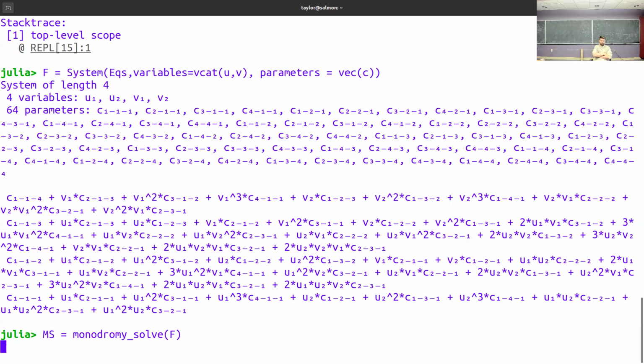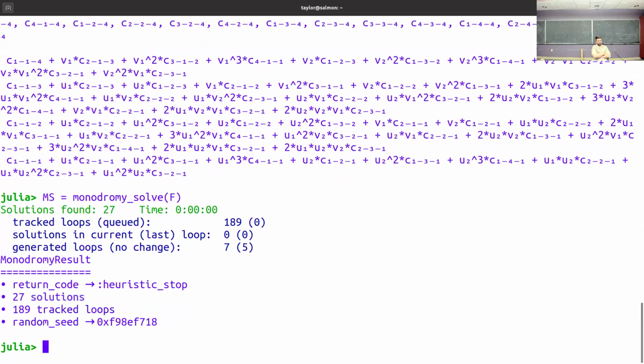It's easy to choose a solution and find parameters for which that's a solution. And after it's done that, then it has a generic parameter and it has a single solution associated with that parameter. So it has all it needs to start the monodromy solve algorithm.